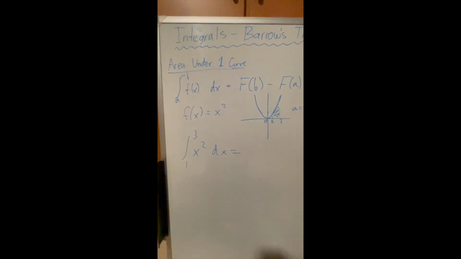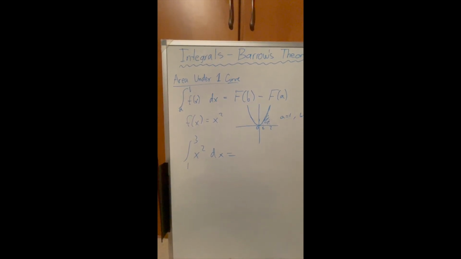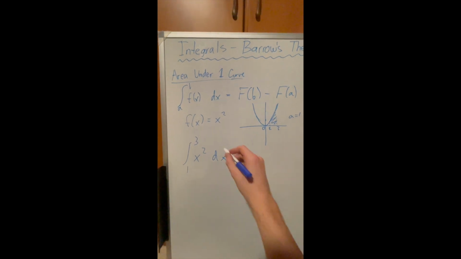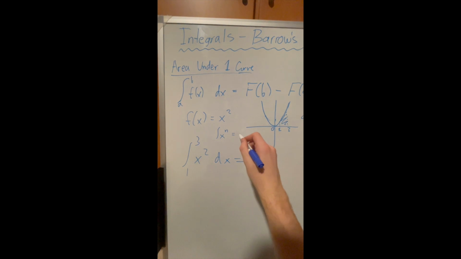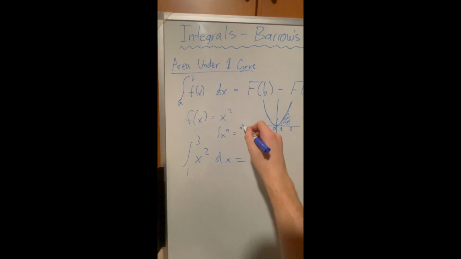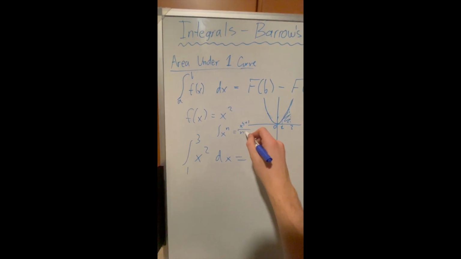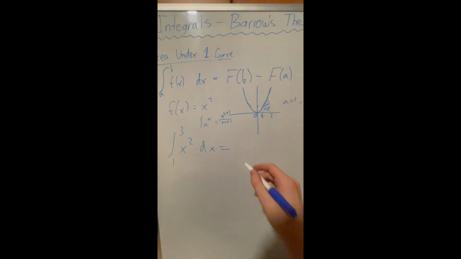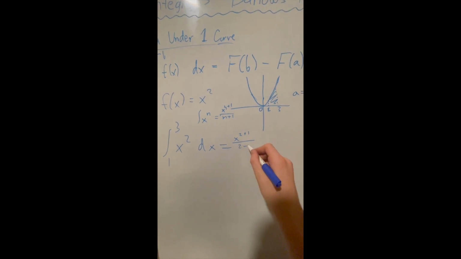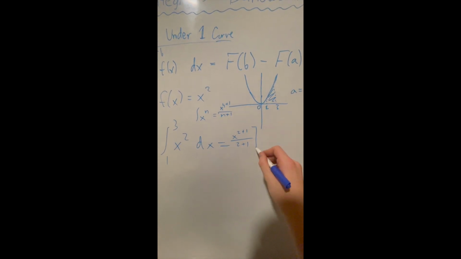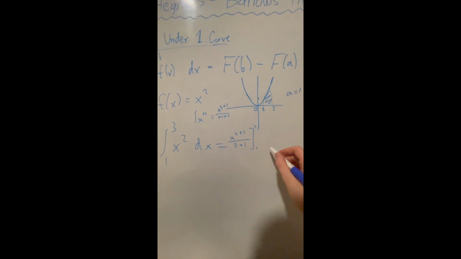And now we solve our integral first. This is going to be simple. Remember that the integral of x to the power of n is equal to x to the power of n plus 1 divided by n plus 1. So this is going to be x to the power of 2 plus 1 divided by 2 plus 1, evaluated at 3 and 1.